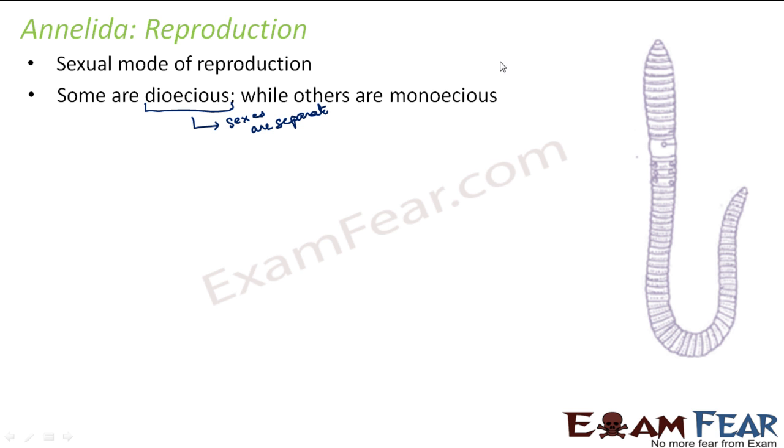Dio means two. Monoecious means there are no separate sexes. Some annelids are dioecious whereas some others are monoecious. An example of a dioecious annelid would be Nereis, whereas an example of a monoecious annelid would be the earthworm.